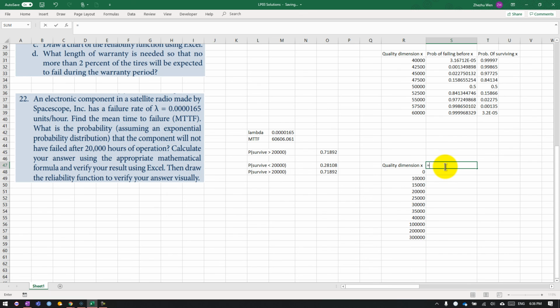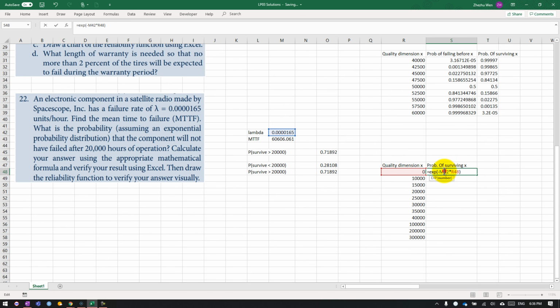Then this is the probability of surviving x: exponential of negative lambda multiplied by the quality dimension x.